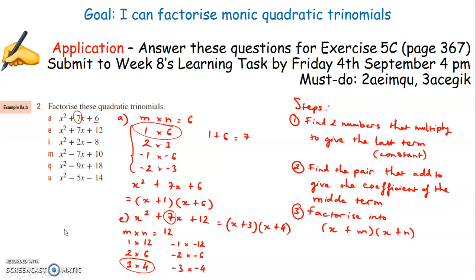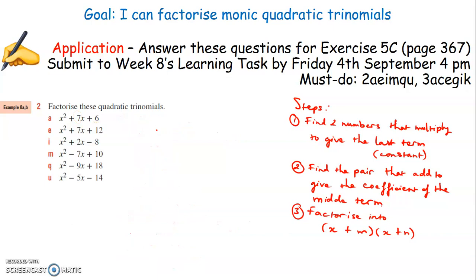Let's try I next, with the same 3 steps as before. We have x squared plus 2x minus 8. We want two numbers that multiply together to give us negative 8. Now we have a negative product, so we must have one positive and one negative number.